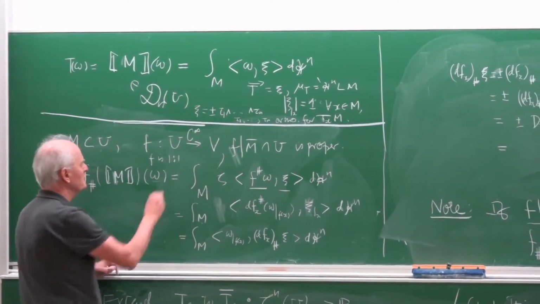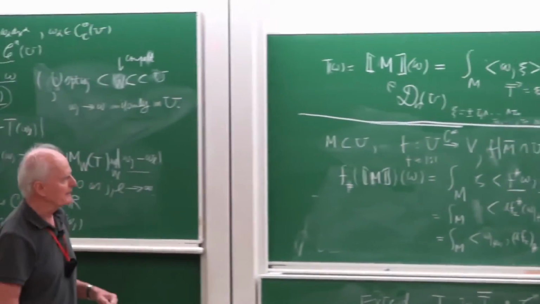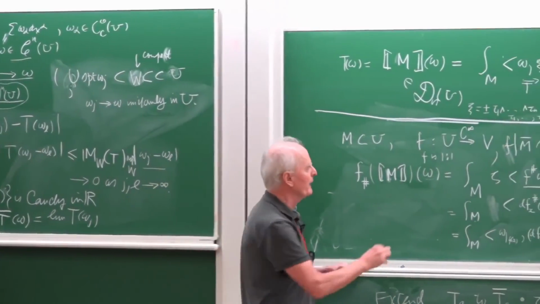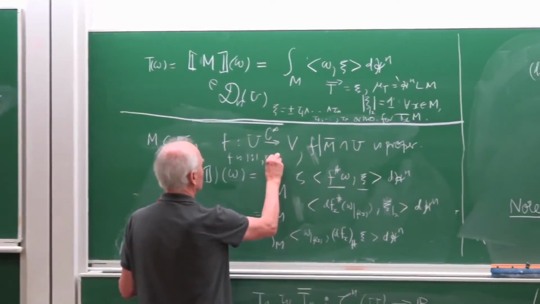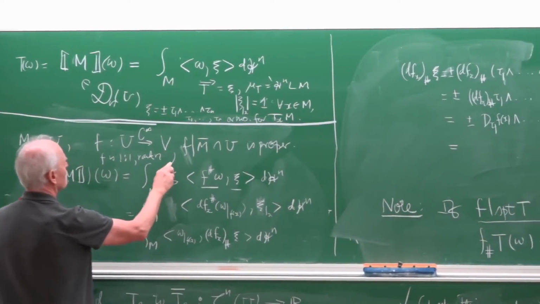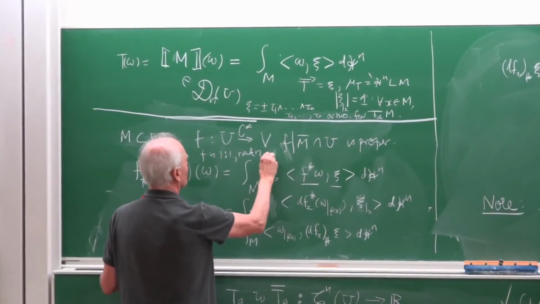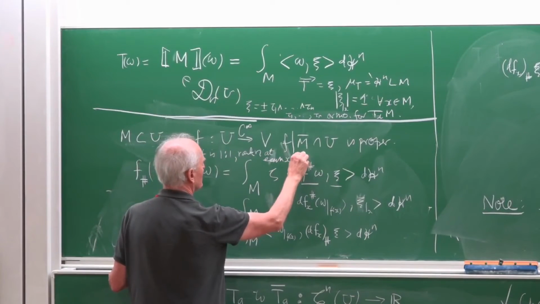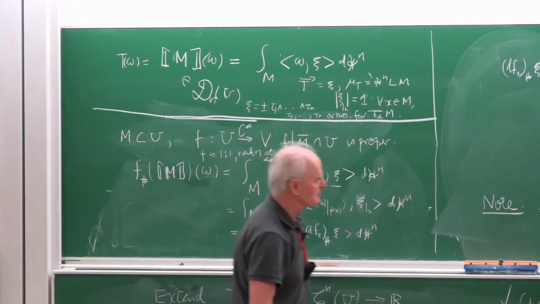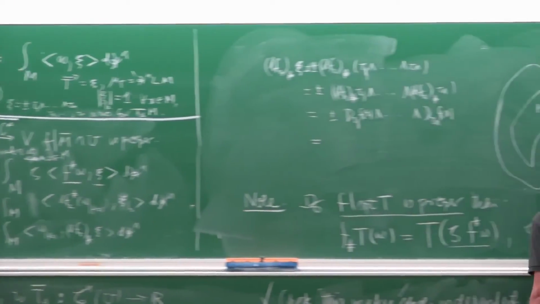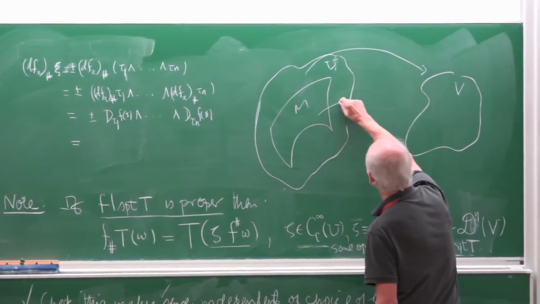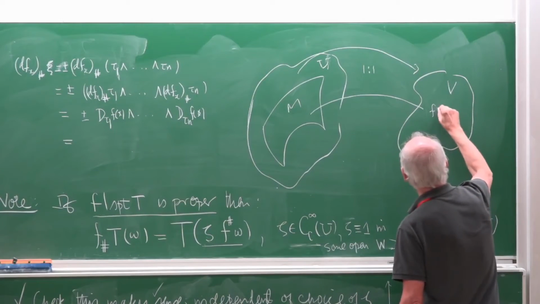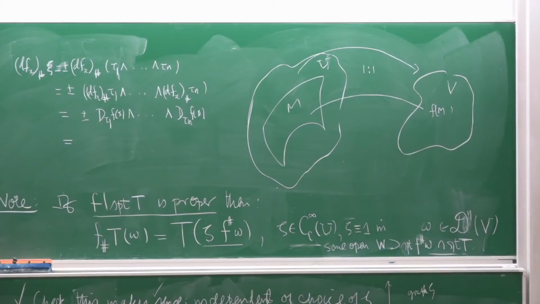I'll mention afterward what happens if you drop that. And let's also assume that F is non-degenerate, rank n at each point x in M. So that's the basic case. Then we know that this is a 1-to-1 map, and the image, F of M, is then a submanifold.